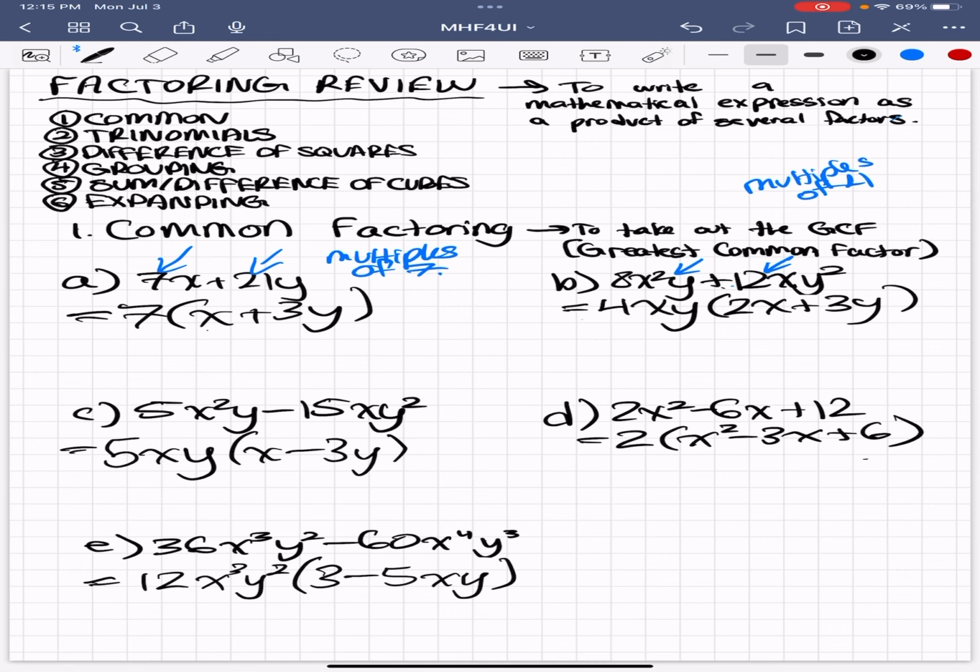And then I took a common factor of 12x to the power of 3, y to the power of 2, out of 36 x to the power of 3, y to the power of 2, minus 60 x to the power of 4, y to the power of 3. In the brackets, what's left is 3 minus 5xy. If you were to expand this out, you would get the original expression.